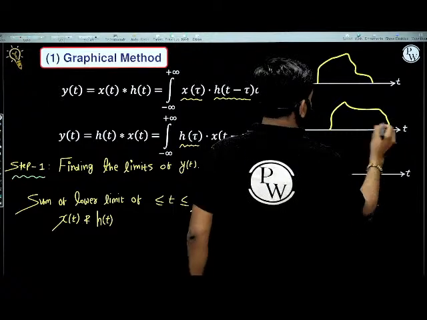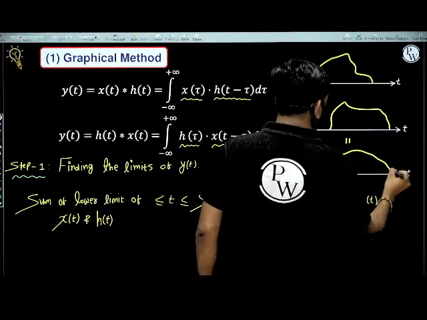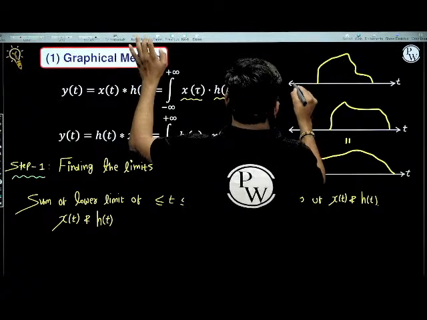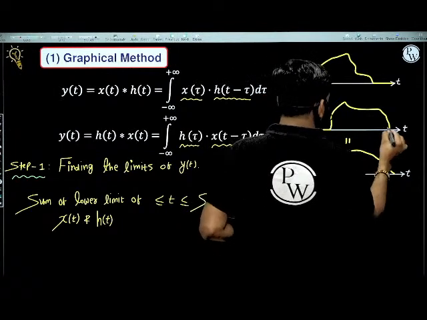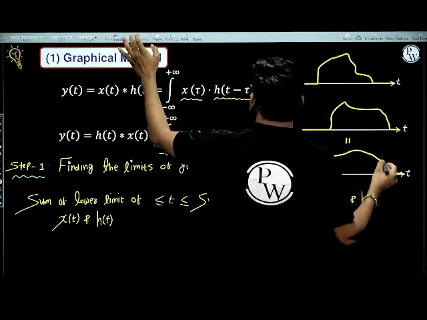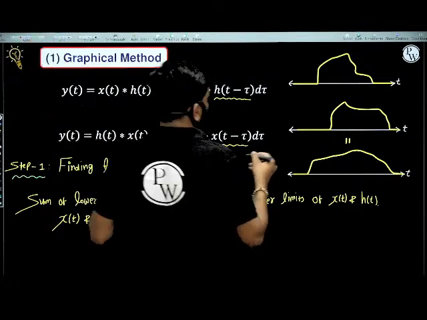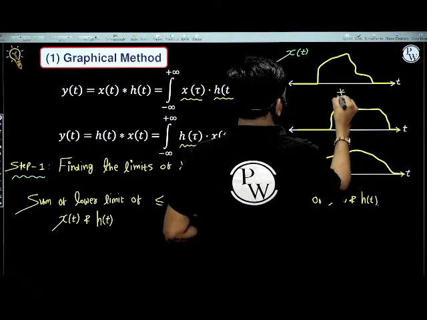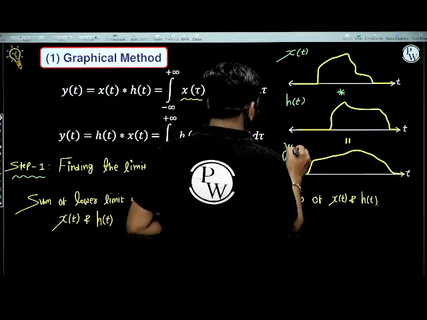This is h of t, and here we will get the resultant signal y of t. We are performing convolution of x of t with h of t, and the resultant signal is y of t.